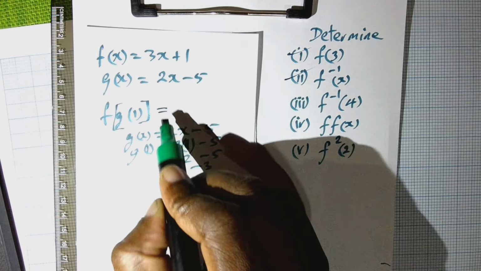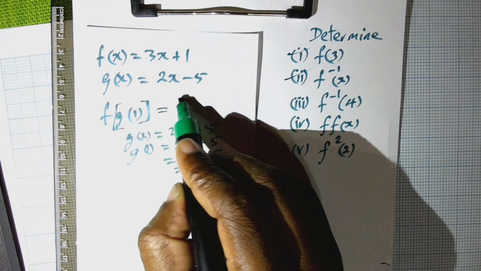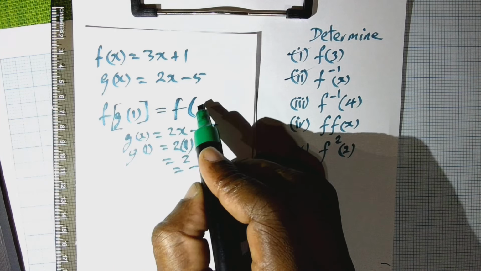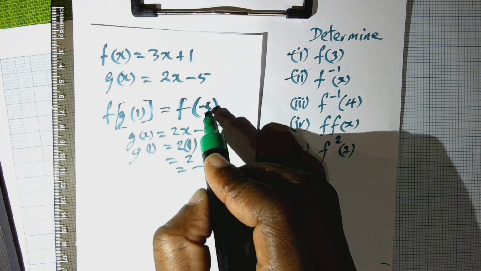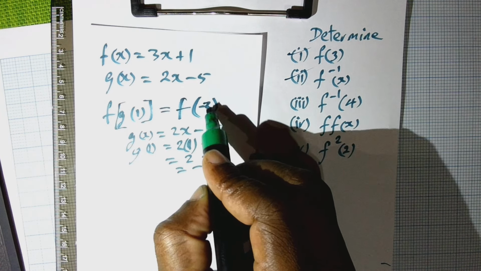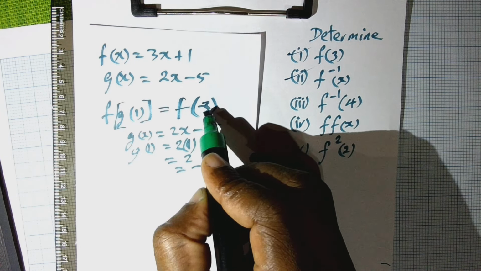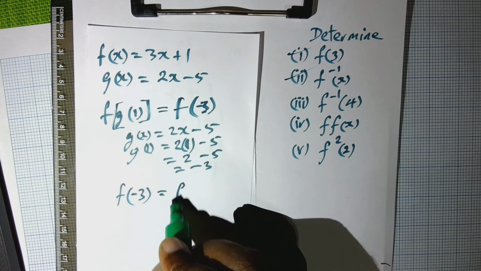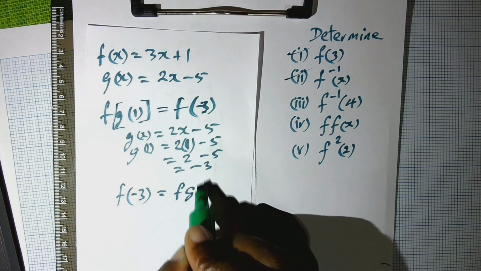If I replace the g of 1 with negative 3, it will look like this. f of, put the f right here, and in place of g of 1, I put negative 3. So in fact, what I'm trying to find is f of negative 3, because this g of 1 is negative 3. So to find f of negative 3, which is really f of g of 1, right?